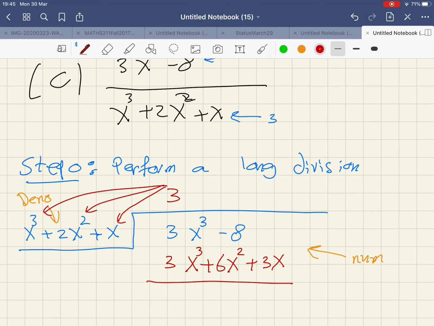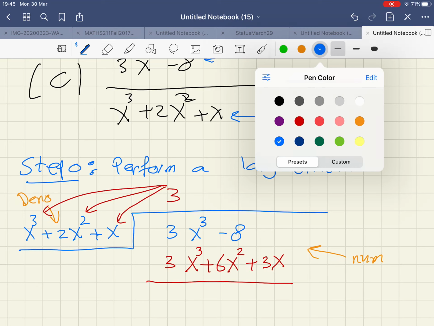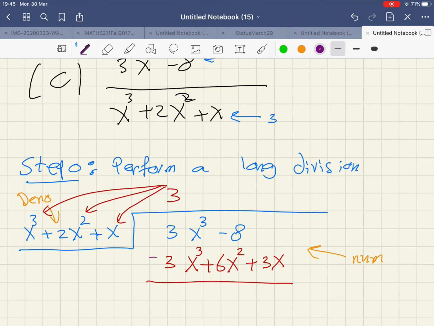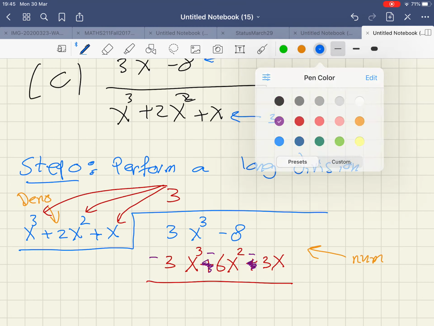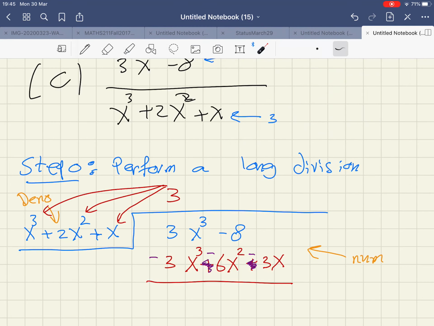So if we change the sign, this will be negative, this negative, this will be negative. Now just add them together. 3x cubed with 3x cubed will get cancelled. So what we get is negative 6x squared, negative 3x, negative 8.